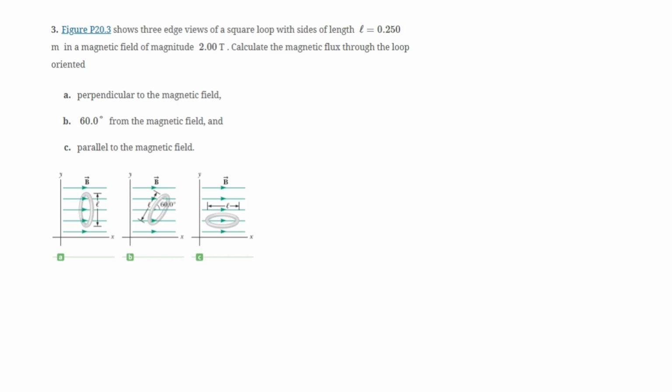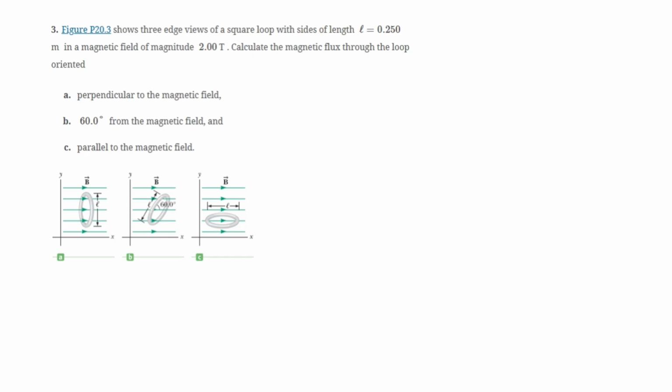Well, first, this could be a little bit confusing because they are representing like a circular loop, but they really say here that it is a square loop with sides of length 0.250 meters. So we have to be careful in this problem.